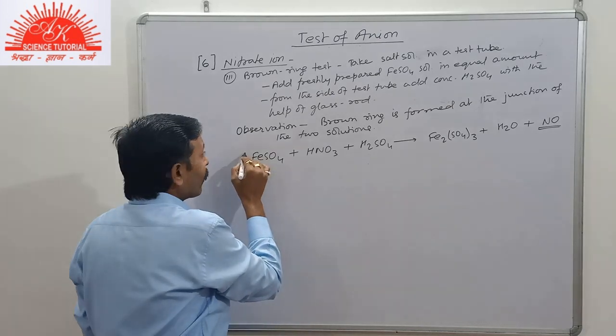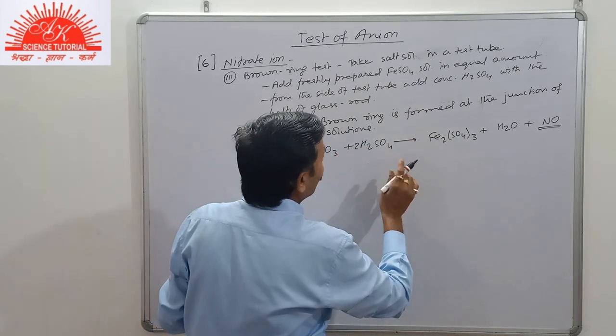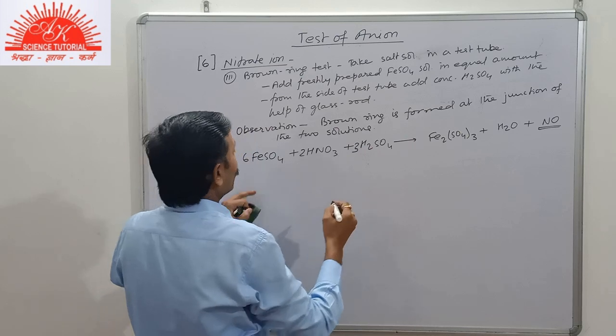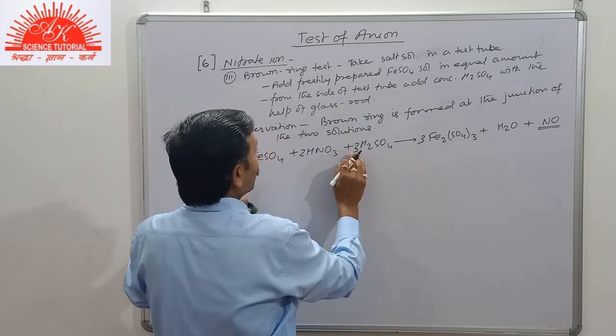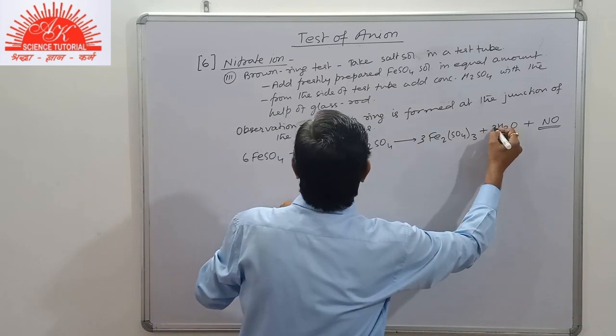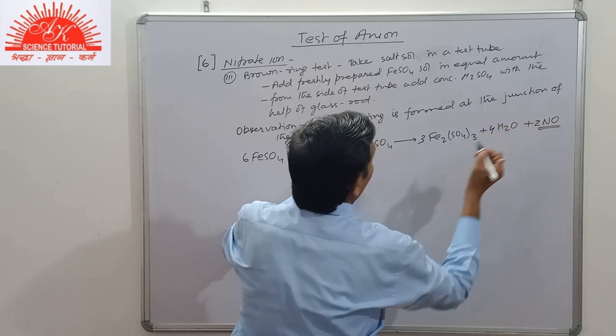Now balancing this, 6, 3, 3, 3 are 9. Here 6 and 3, 9. So 2, 6, 4H2O, 2NO.